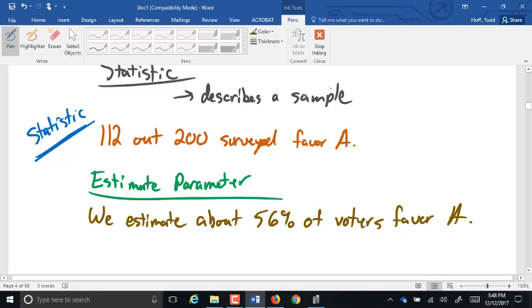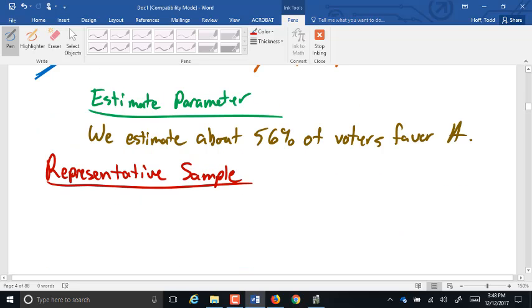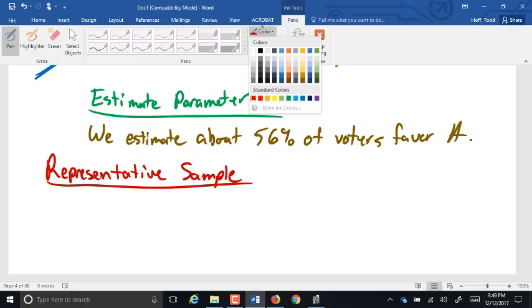For this to all be good, we have to have what's called a representative sample. What that means is the properties of the sample are the same or very, very similar to properties of the population.